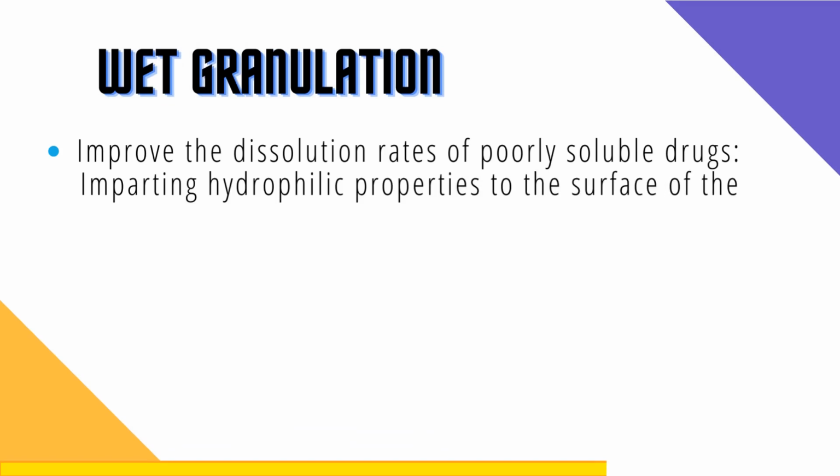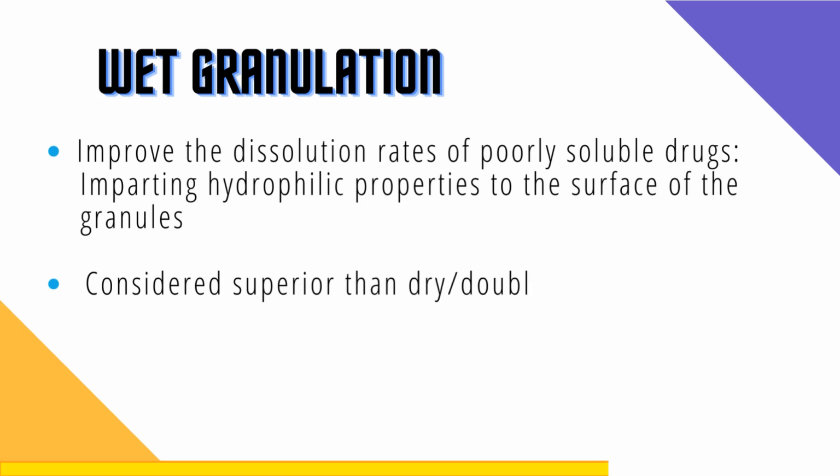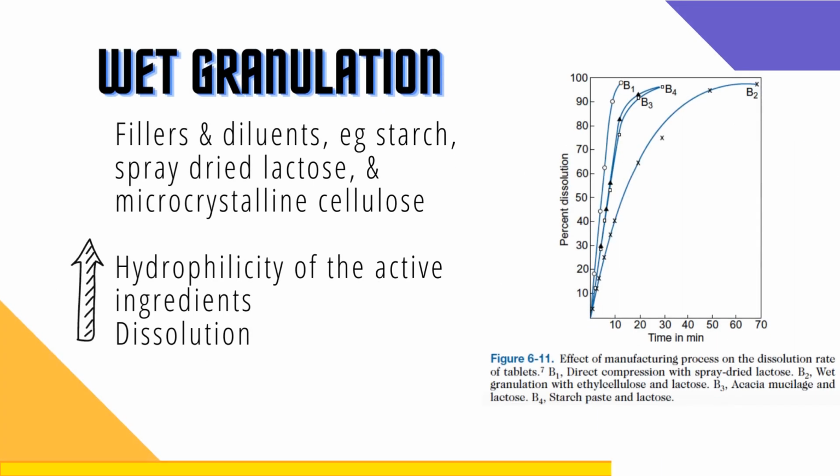It can add hydrophilic properties to the surface of the granules, and this is considered a better way than the dry or double compression procedure. In the wet granulation process, we can also add other ingredients such as fillers and diluents that can increase the hydrophilicity to increase the dissolution rate.